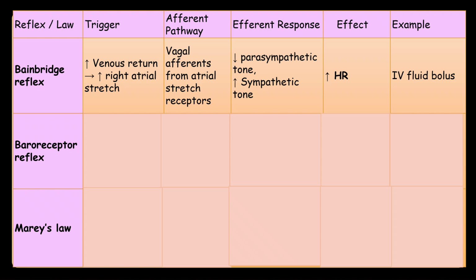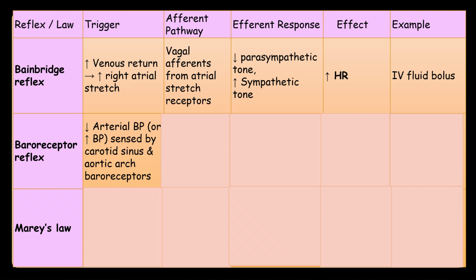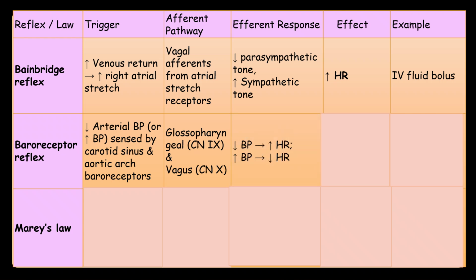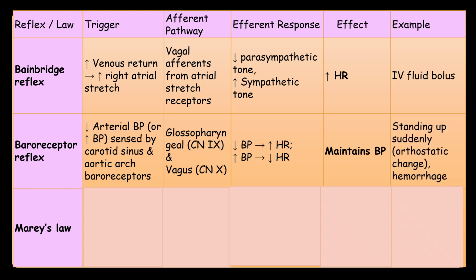Then coming to the baroreceptor reflex, the trigger is either an increase in BP or a decrease in BP, the afferent is the 9th and 10th cranial nerve, and the efferent response is a change in the heart rate, which maintains the BP within the normal range. An example is whenever we stand up from a lying down position, this baroreceptor reflex is very important for maintaining our normal BP, and it also gets activated in hemorrhage.